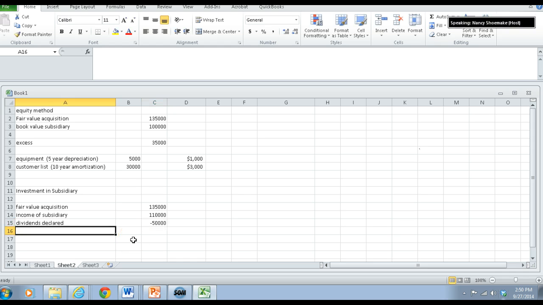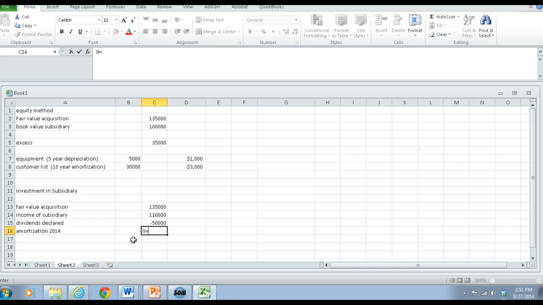Then the amortization for 2014 will be minus $4,000.